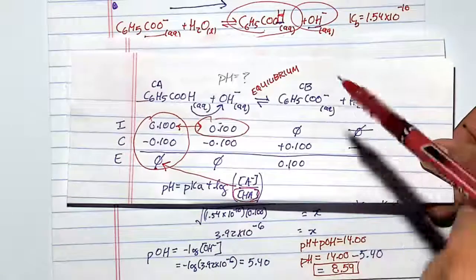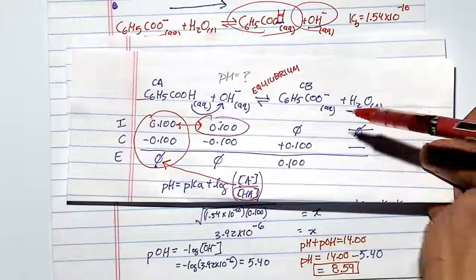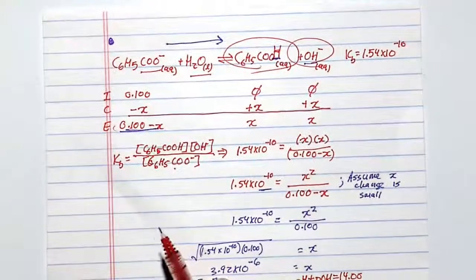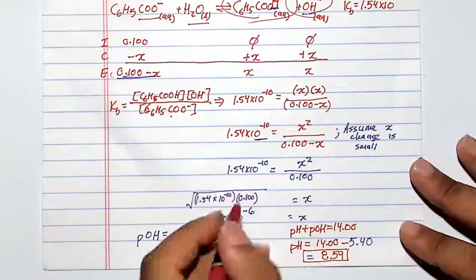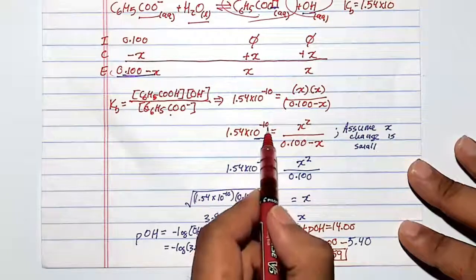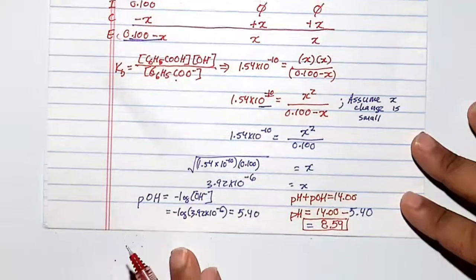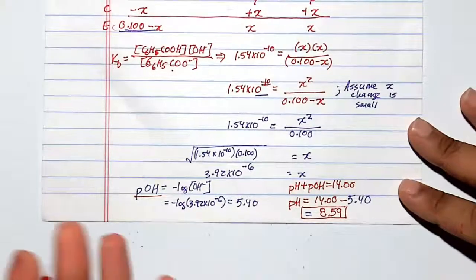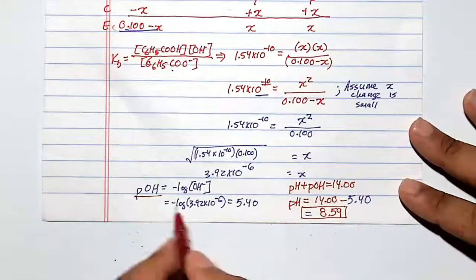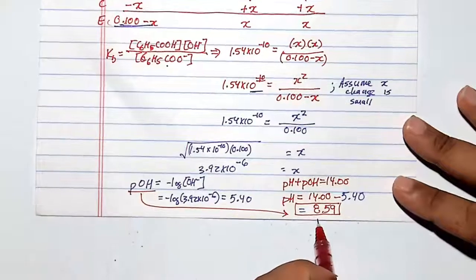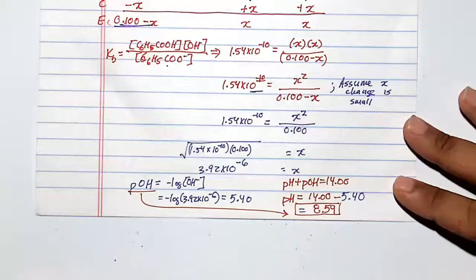To derive the pH, we will do so indirectly by looking at the back reaction, constructing a second ICE table with an assumption, and the assumption is very valid because our equilibrium constant for the back reaction is 10 to the minus 10. And then backhandedly, we'll get the pOH because the strong base is going to dominate. And from that, we will get the pH. Notice that our pH is above 7, so we would expect a basic solution, and we got a basic solution.